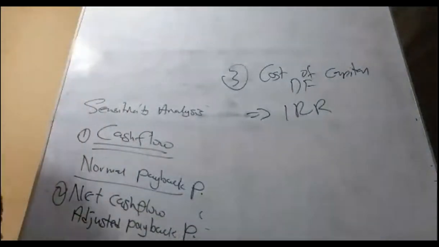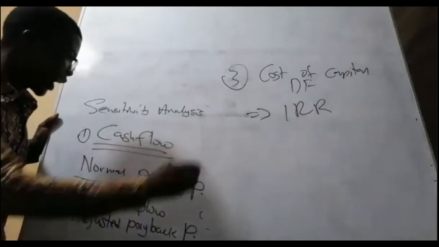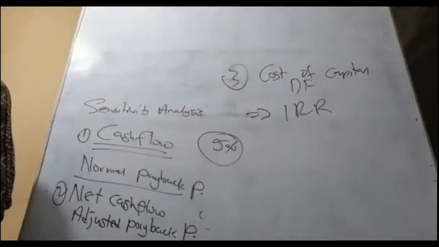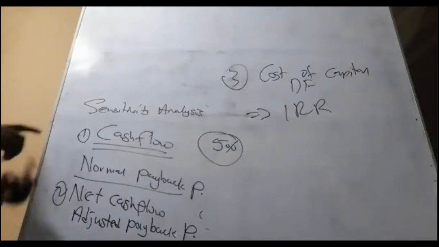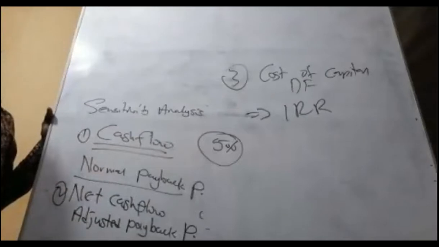So for instance, you conduct sensitivity analysis on the selling price, and you get, let's say, 5%. It means that the NPV is what? Sensitive to the selling price. Even if you change it by 5%, the NPV will change.